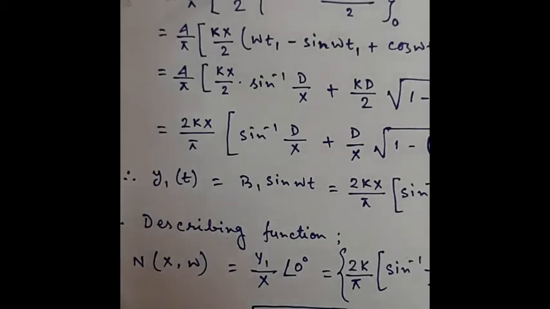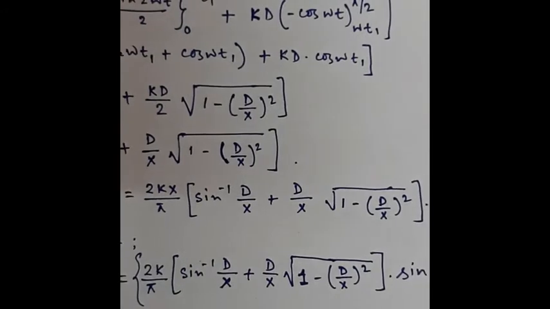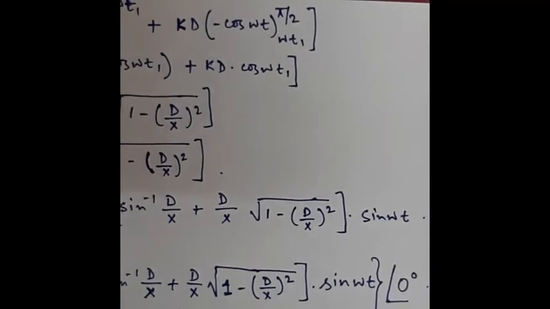Therefore the output equation y1(t) is equal to b1 sin omega t. If we put in the value of b1, the function becomes 2kX by pi into sin inverse d by X plus d by X into square root of 1 minus d by X whole square into sin omega t.